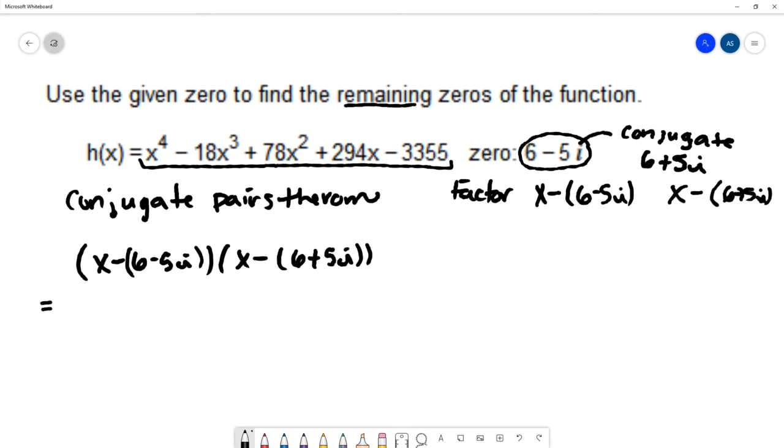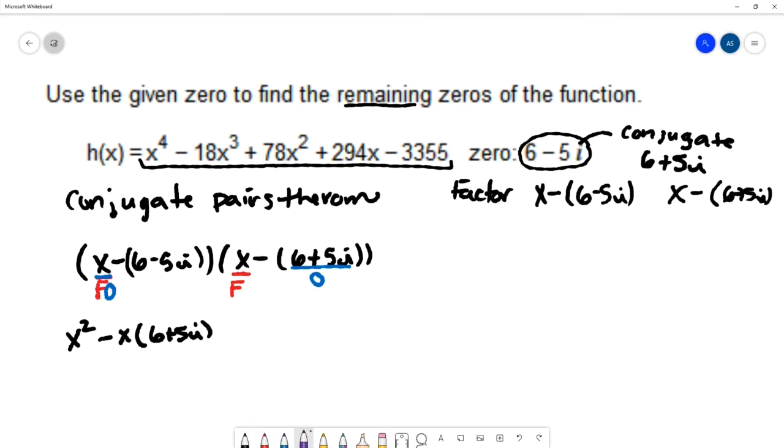If we multiply that together, I'll multiply these first two terms together. Those are the first. And I get x squared. And then I can multiply the outside two terms together. So this one is the outside and this one is the outside. If I multiply those together, I'll have minus x times 6 plus 5i.